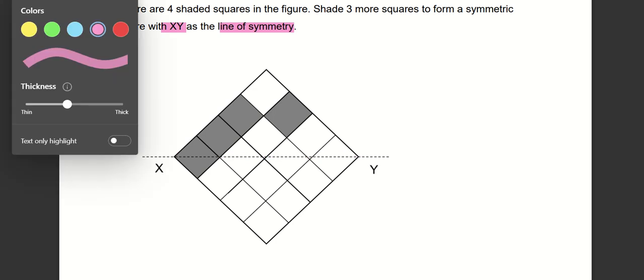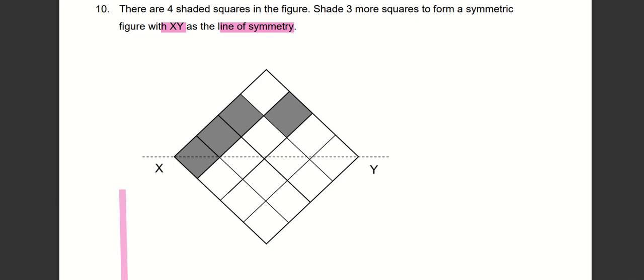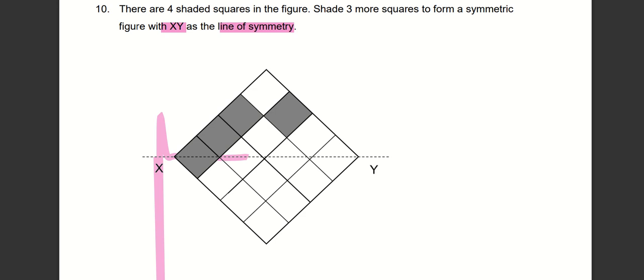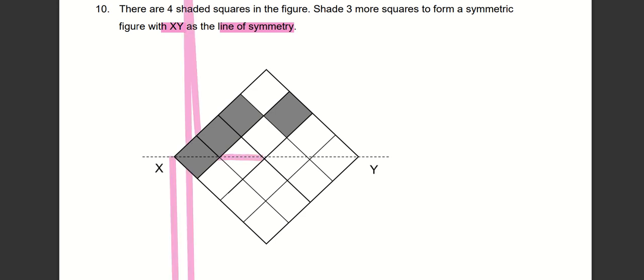to see it vertically, to see the line of symmetry XY vertically. Oops. Sorry. Oh no. Okay, let me erase this.